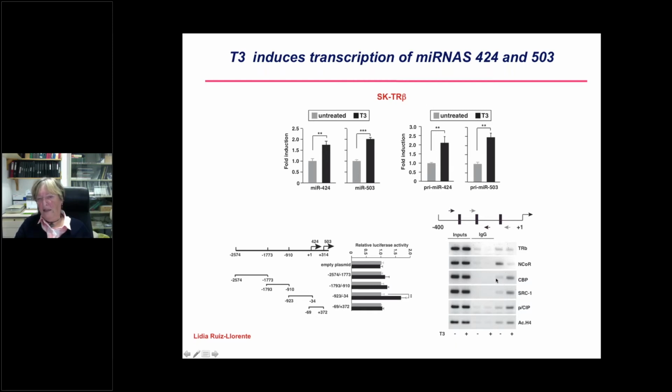In contrast, CBP and SRC1, which are coactivators with histone acetyltransferase activity, are recruited, and as a consequence, the levels of acetylated histone 4 in the promoter are increased, which corresponds with transcriptional stimulation of these microRNAs.